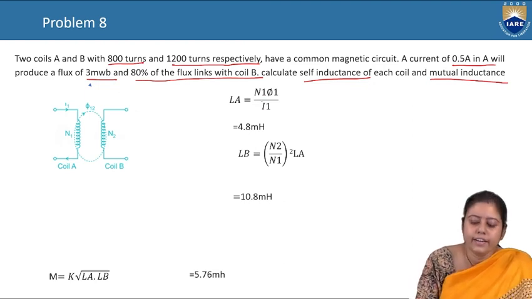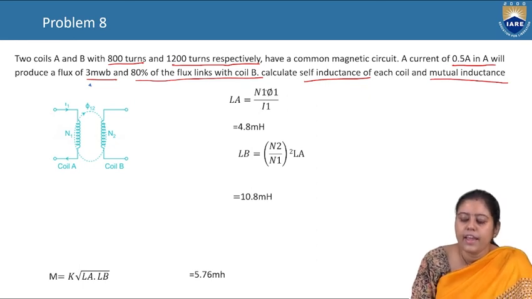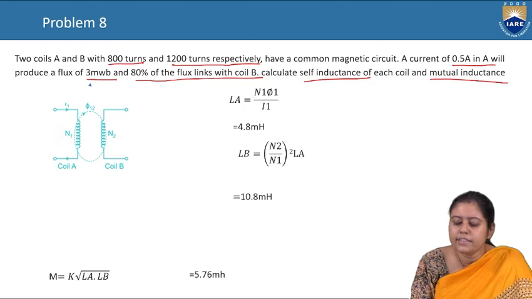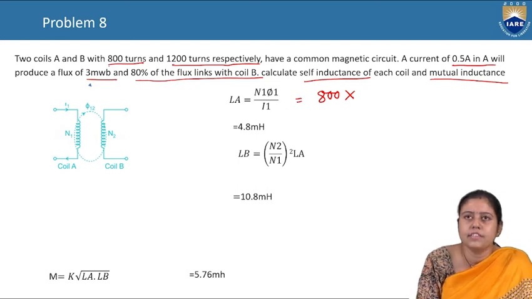We know the inductance of the A coil is N1 phi 1 by I1. Already we discussed this main formula previously. So what is N1 here? N1 of the first coil is 800. What is phi 1? Flux is given as 3 milliweber.